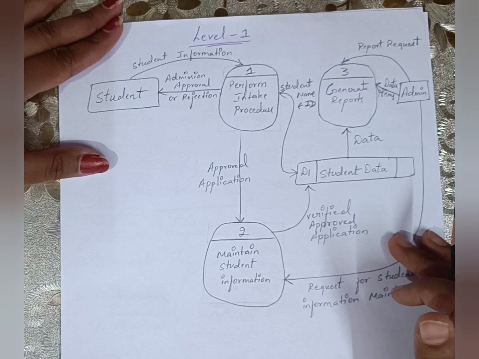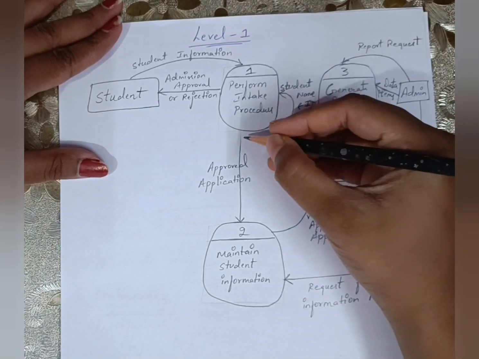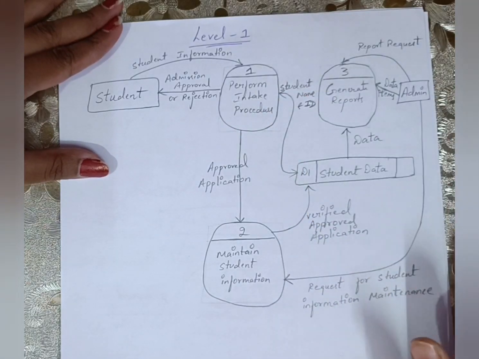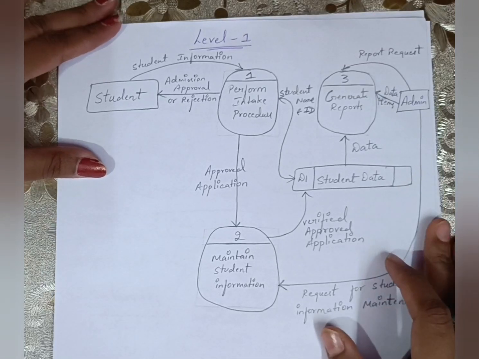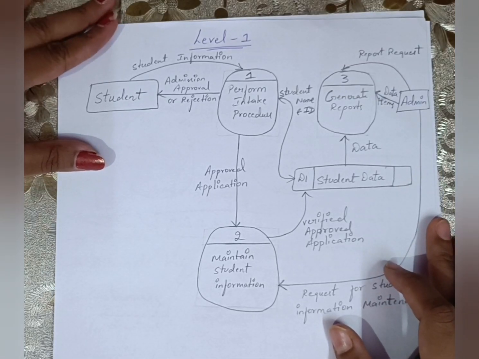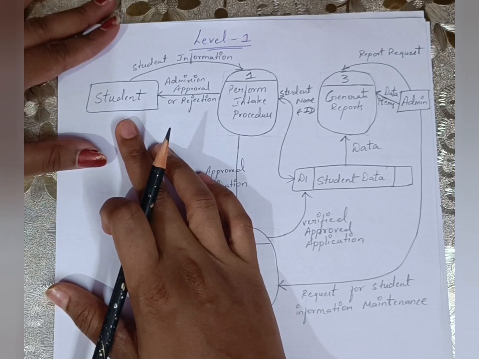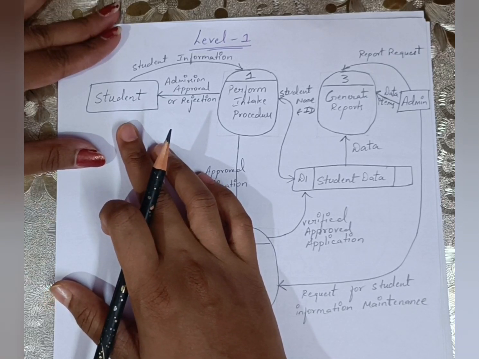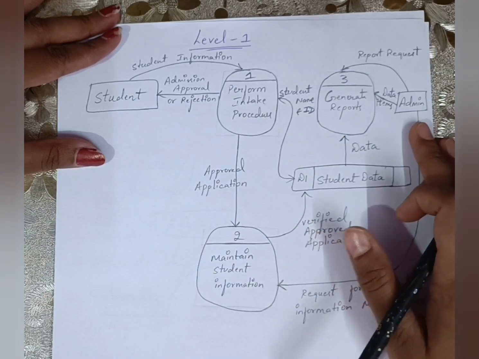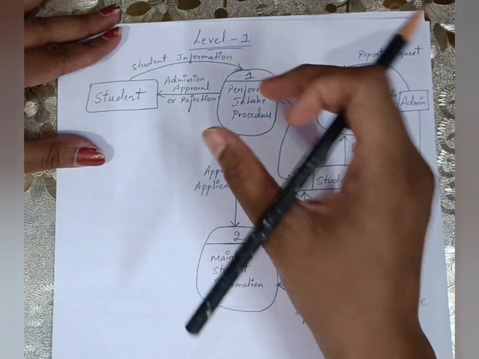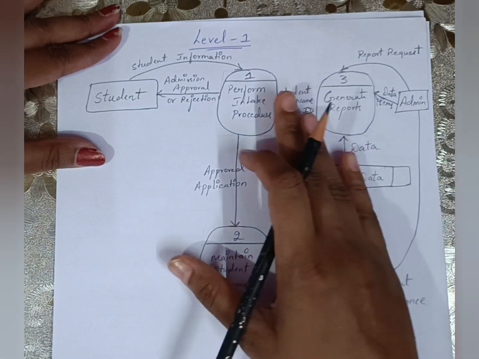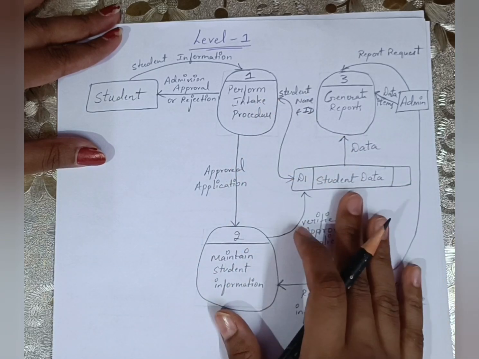In level 1 DFD, we are just looking into more depth. We are going a little into detail here. The student, which was the user in the previous level 0 diagram, and then we had admin. That process we are dividing into sub processes, and you'll also have data stores.